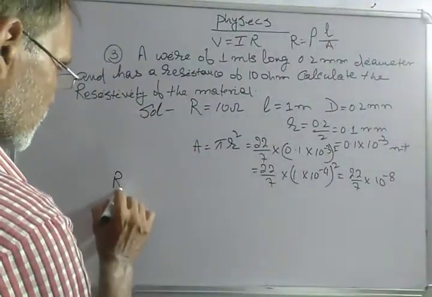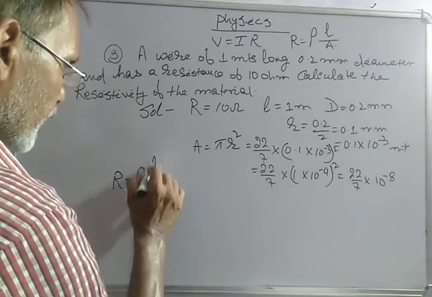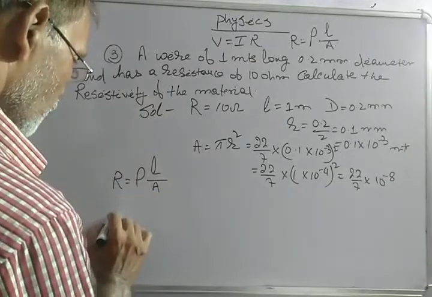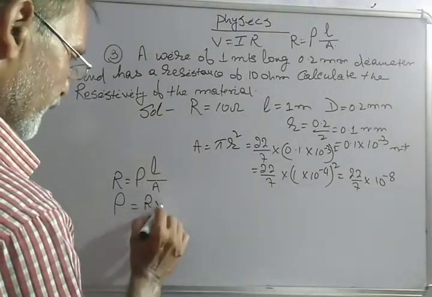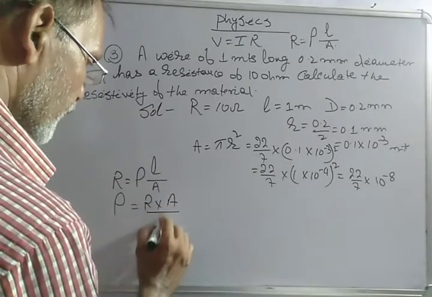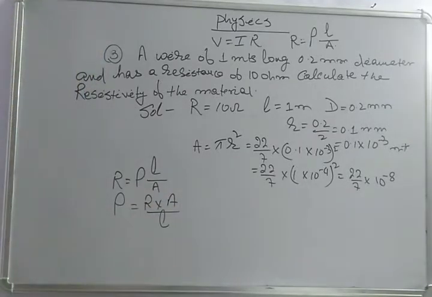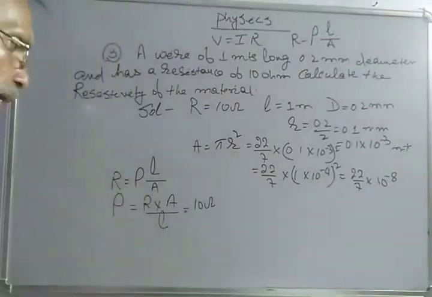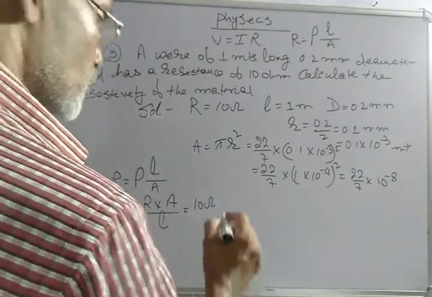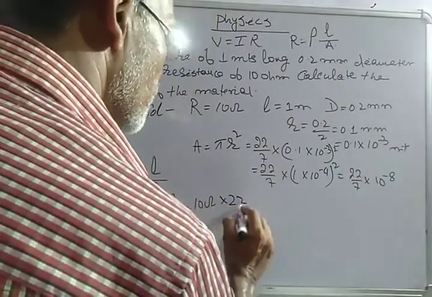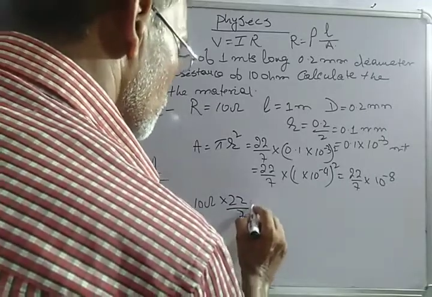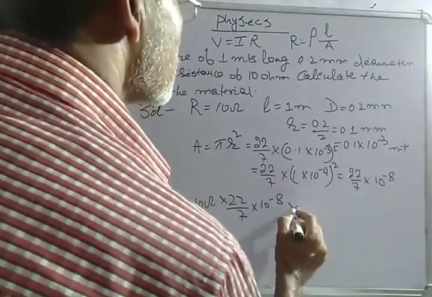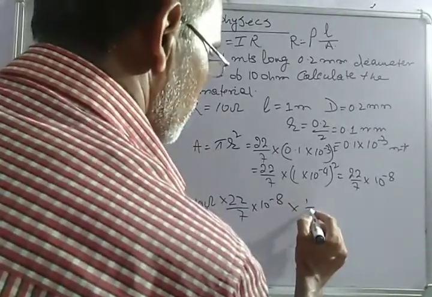So resistance is equal to rho into L by A. So rho is equal to R into A by L. R is equal to 10 ohm and area is equal to 22 by 7 into 10 to the power minus 8, into L. L is given here 1 meter, means 1 by 1 meter.